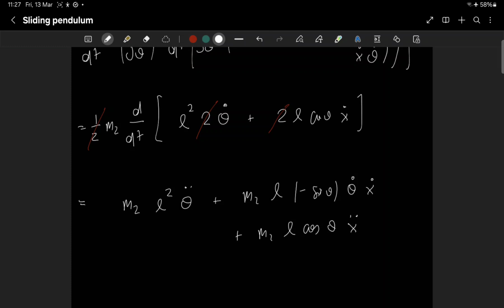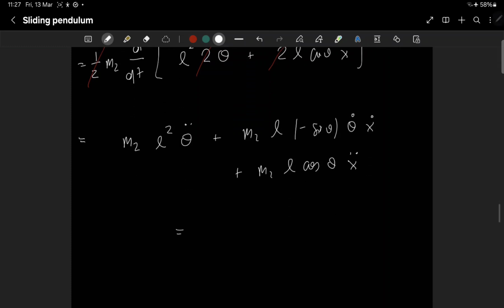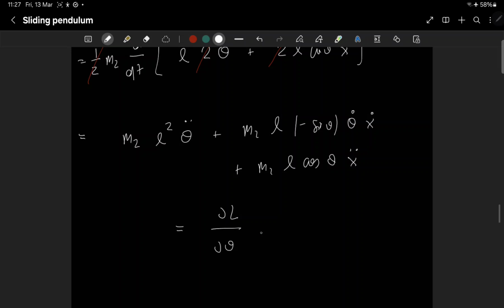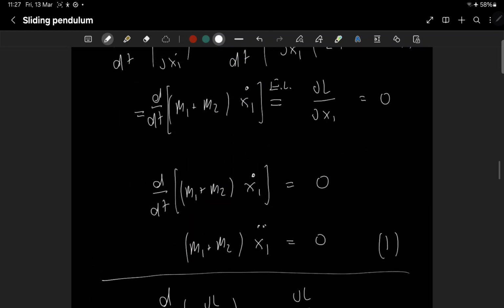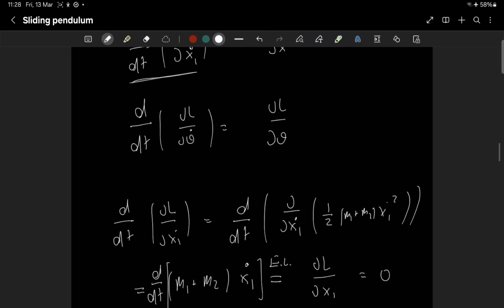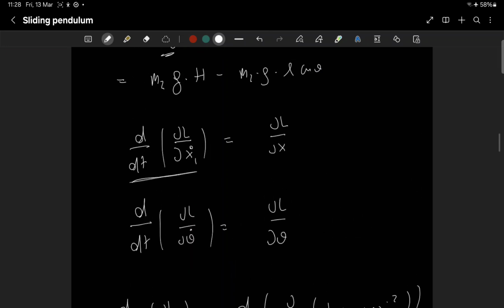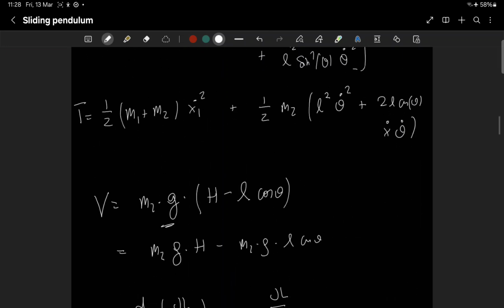So this is the left hand side of the Euler-Lagrange equation for the second equation, and this is equal to partial L by partial theta, according to the Euler-Lagrange equation. And let's see, where do we have a dependence upon theta? The kinetic energy is over here.